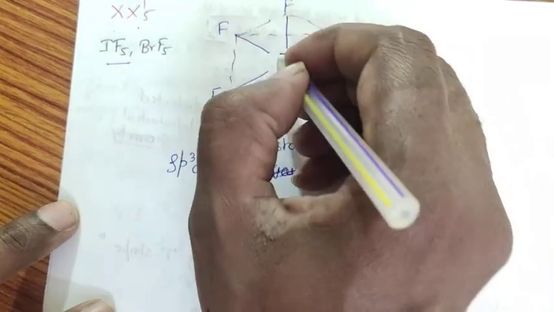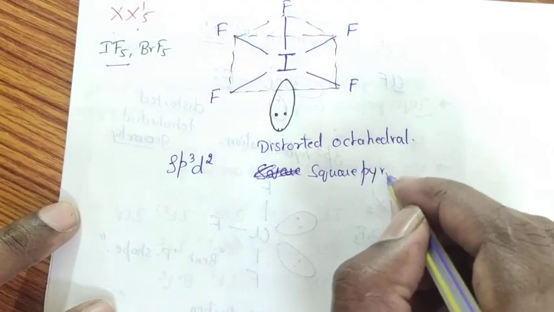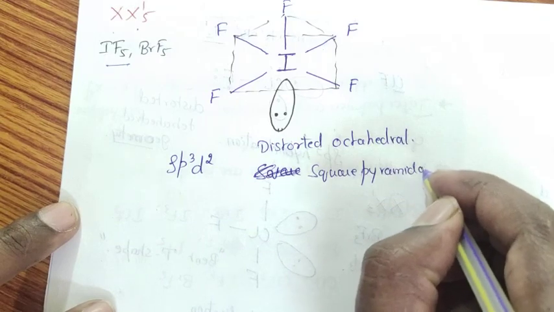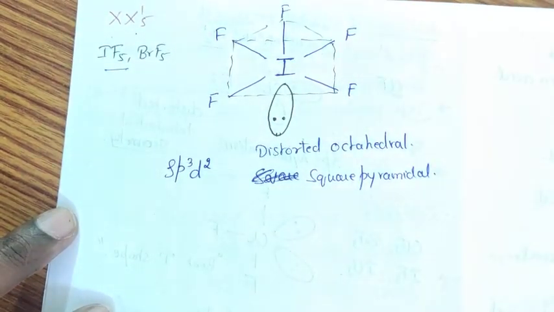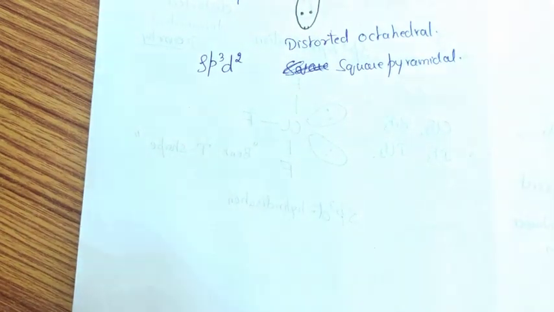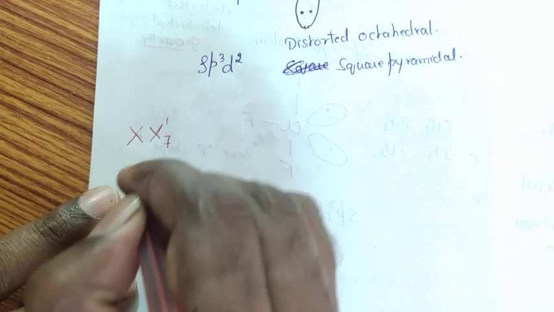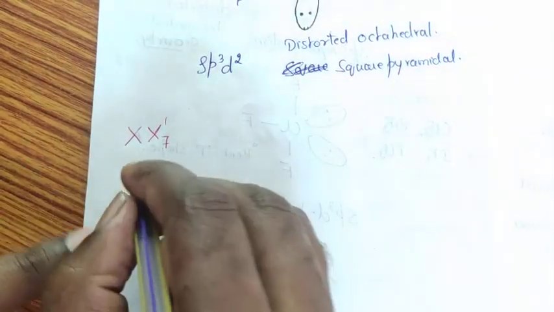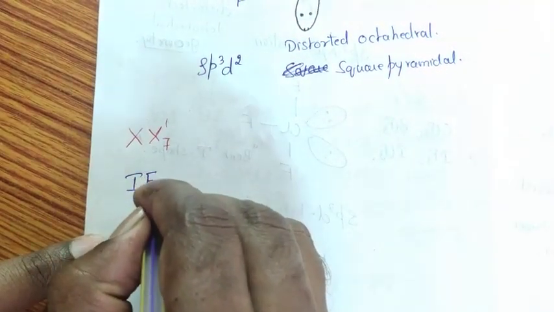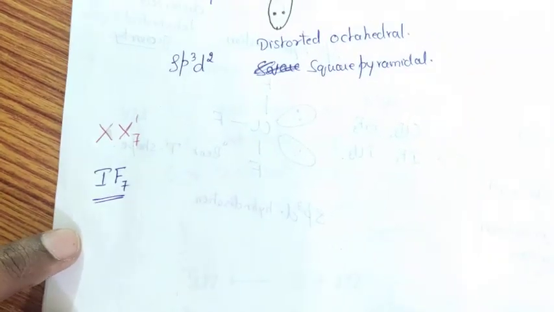This is square and this is the pyramid. Either you can write it as distorted octahedral or square pyramidal shape. The last one: only one example is there. This is only one molecule which is more stable in nature.